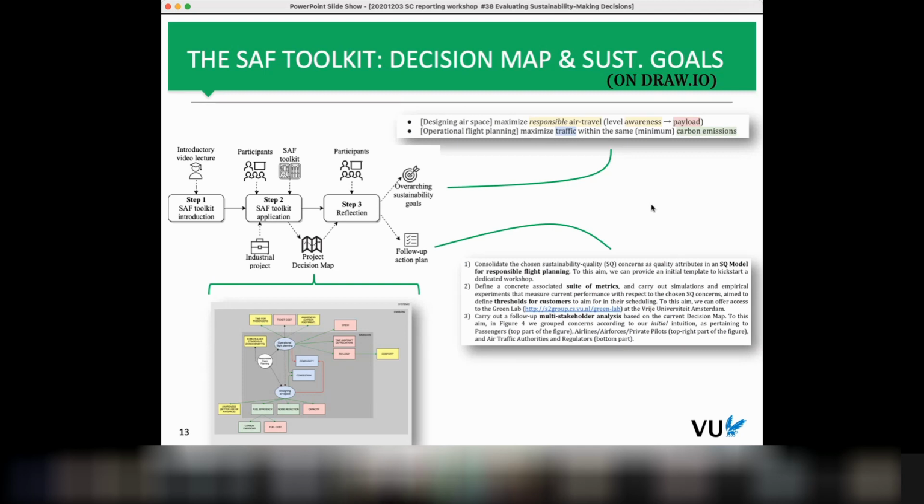To give you an idea about the added value, all the elements in the decision map that you see in the bottom part of the slides are concerns that, for instance, are relevant from the technical perspective. For these systems, there is a trade-off between the complexity of the system from a technical point of view and the congestion that is created towards sustainable planning of the flights.